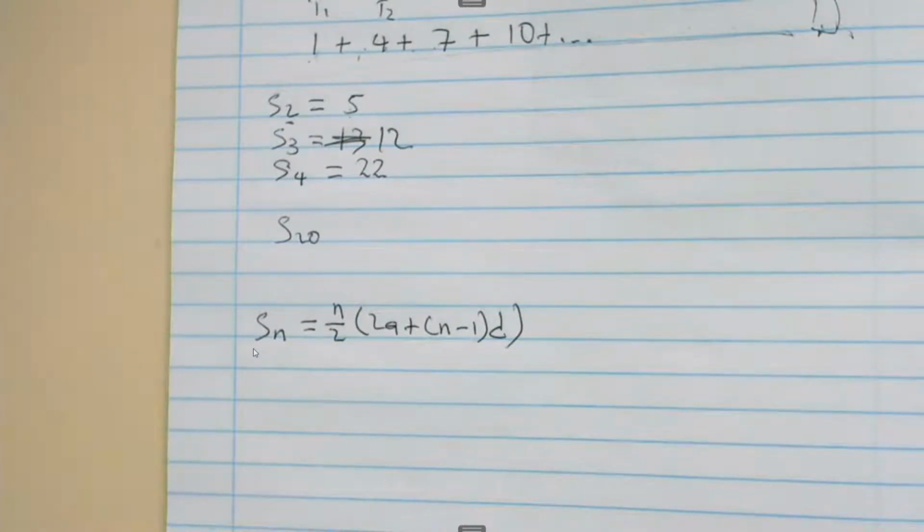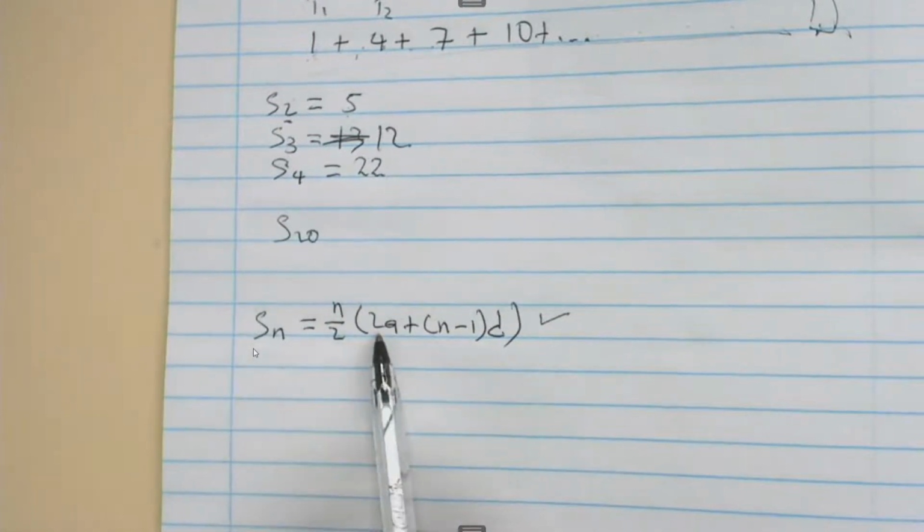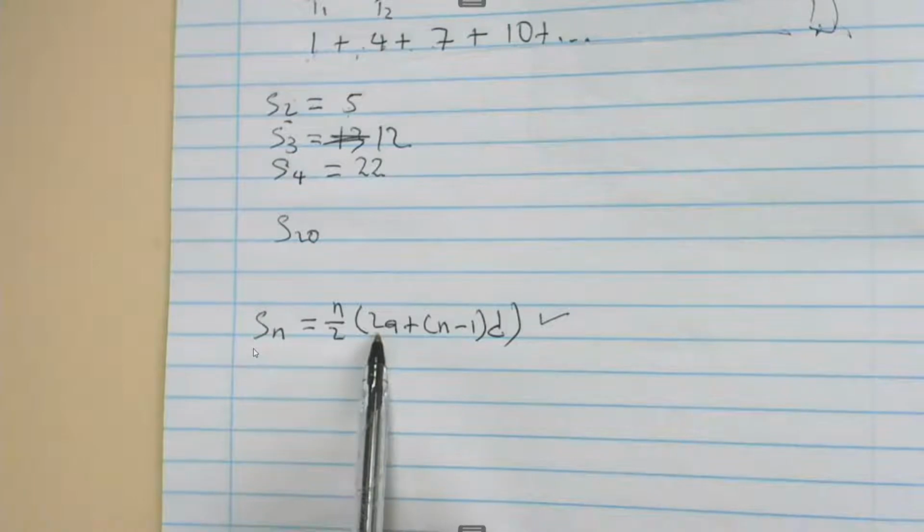Sn is equal to n over 2 into 2a plus n minus 1 by d. But this formula is examinable, meaning that you can be asked in an examination to derive this formula.